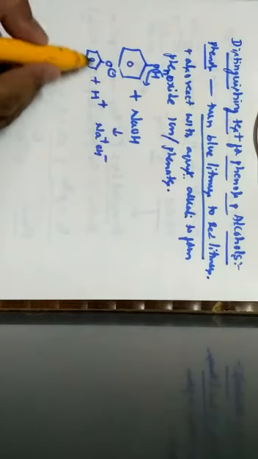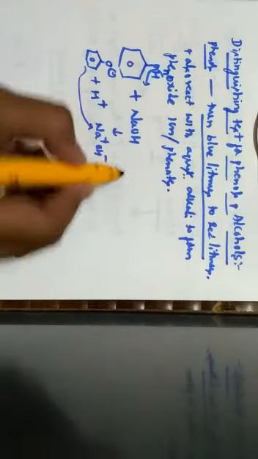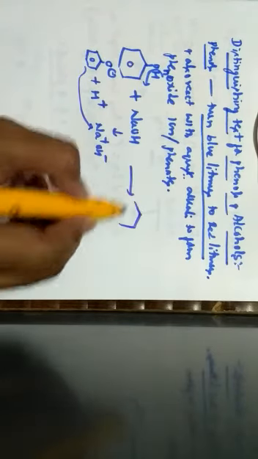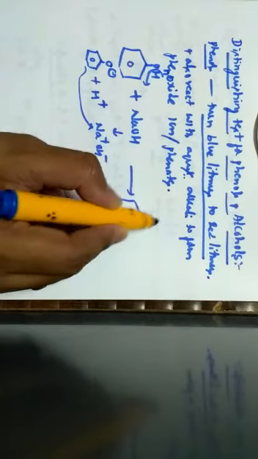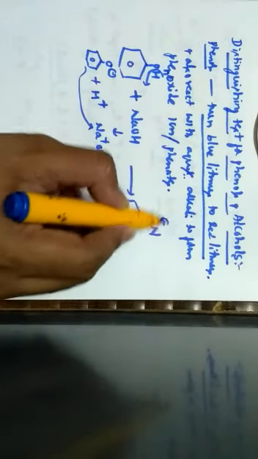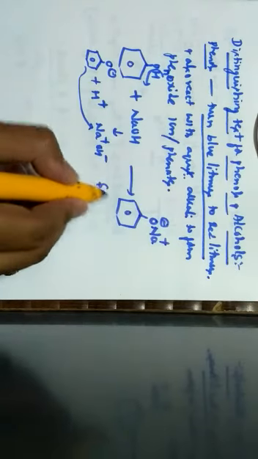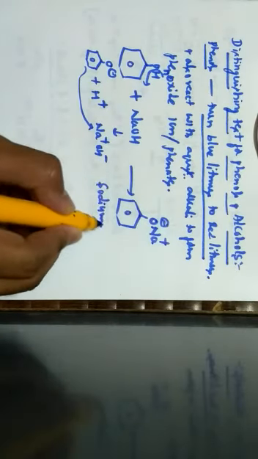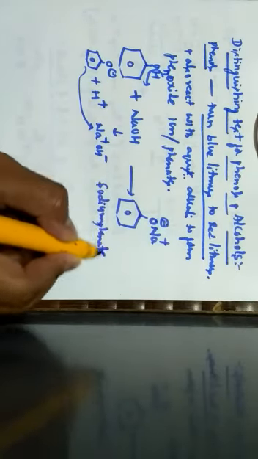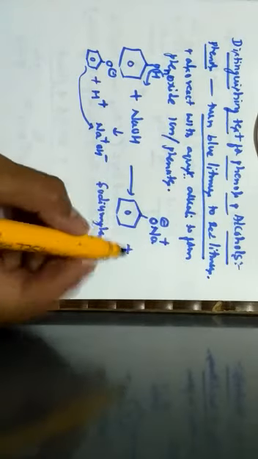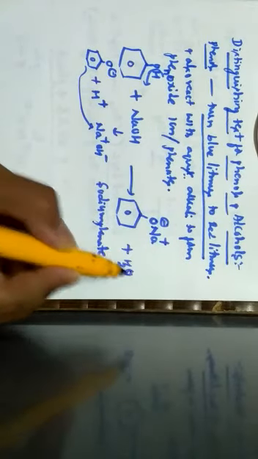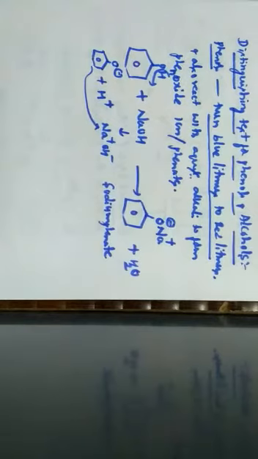This C6H5O- will combine with what? Na+, so that I can write it as C6H5O- Na+, which is considered as sodium phenate, or you can also write it as sodium phenoxide, along with the elimination of a water molecule.